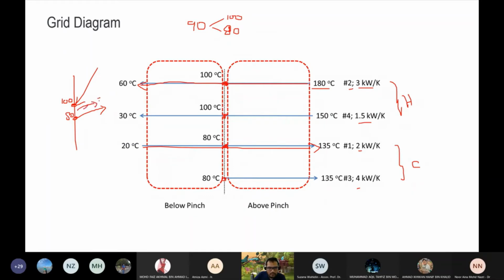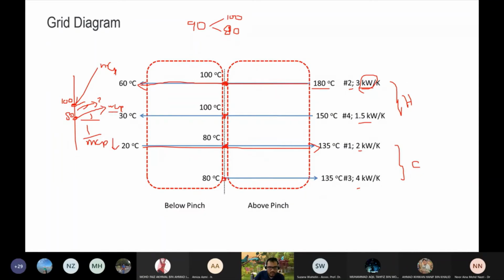How much is this? How much is that? That depends on the MCP over here and the MCP over there. That's why we need to have the MCP next to them, so that we know. The slope is 1 over MCP. So if this MCP is too small, 1 divided by something small is something big.